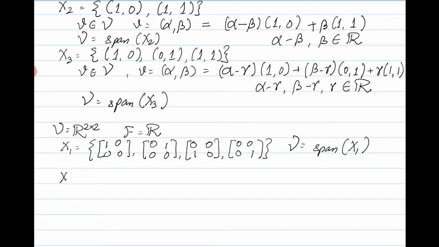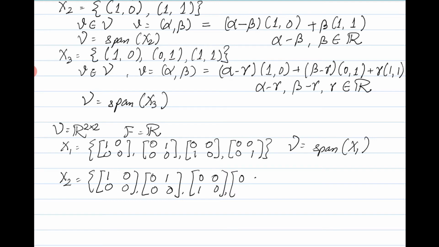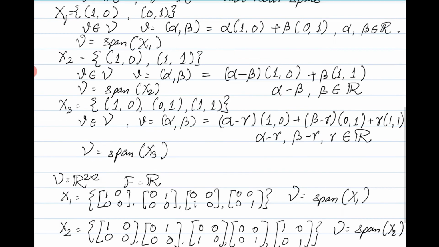Similarly, if x2 consists of these vectors, you can go ahead and show that vector space V is a span of x2. Similarly, for other vector space examples that we had seen, you can find a set of vectors that can be used to represent the entire vector space, and hence V is a span of the set.